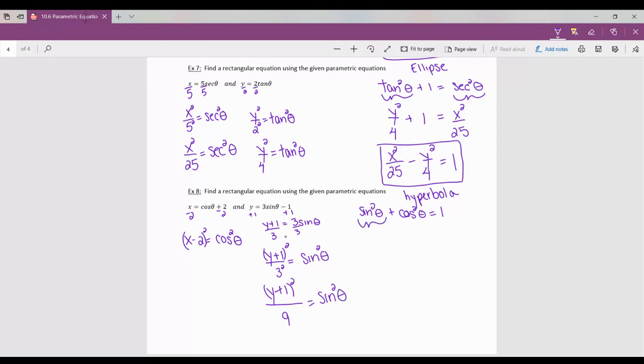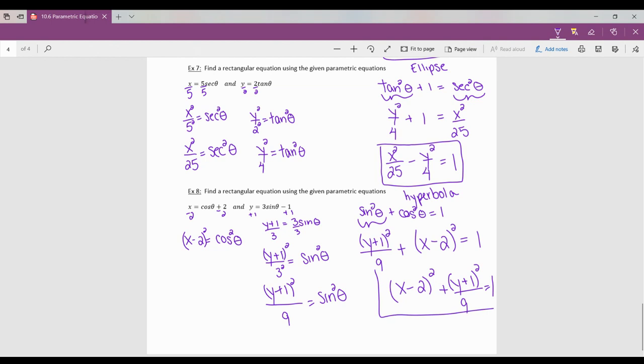Sine squared is y plus 1 squared over 9, plus cosine squared is x minus 2 squared equals 1. And then I just kind of rewrite that slightly. X minus 2 squared plus y plus 1 squared over 9 equals 1. And that is my rectangular equation.